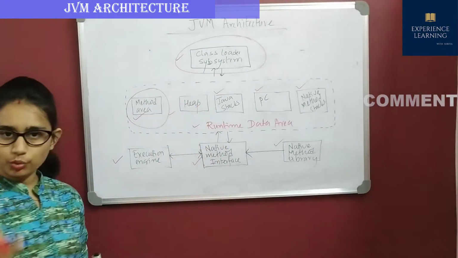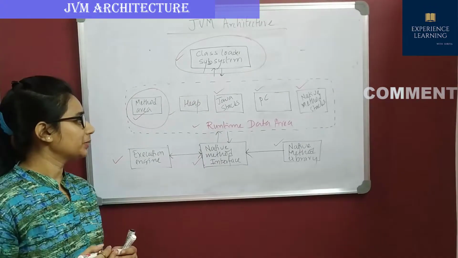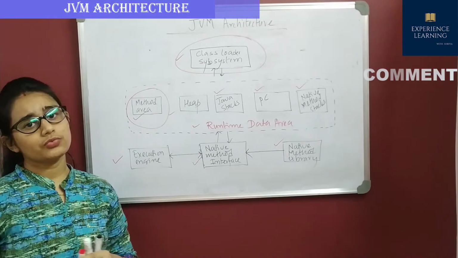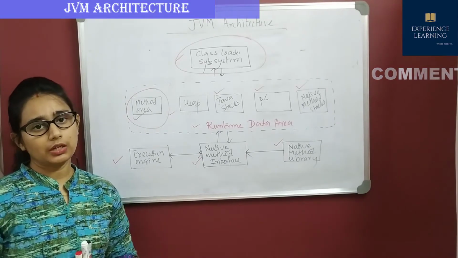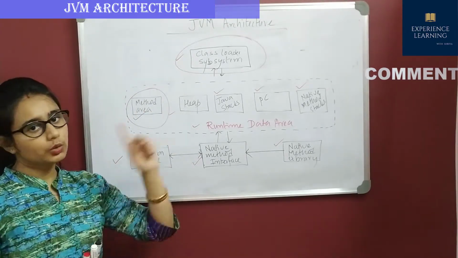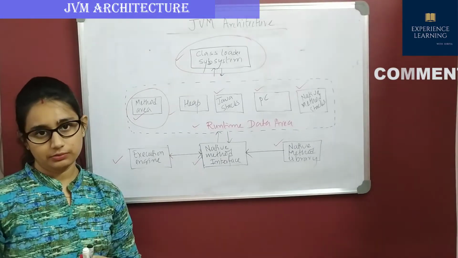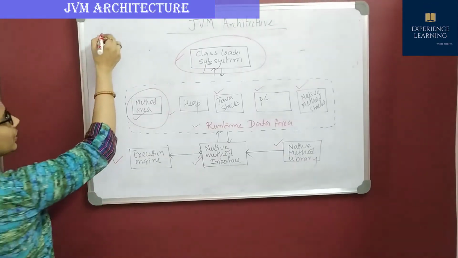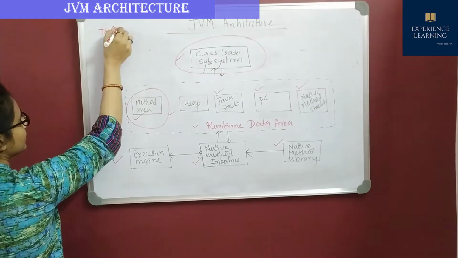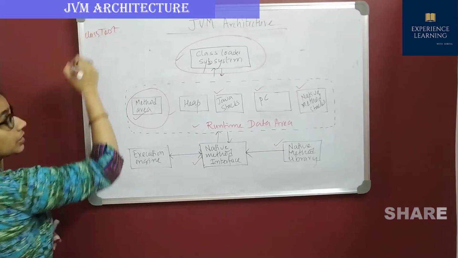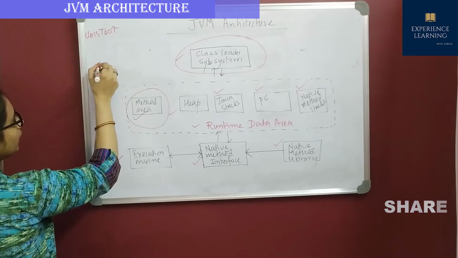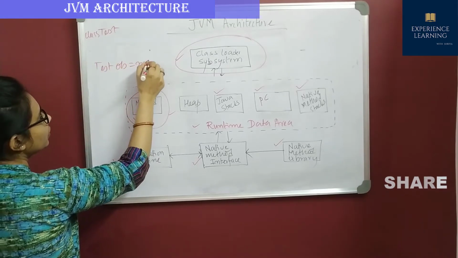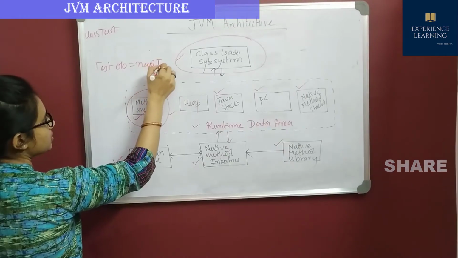Heap, you know about it, is for dynamic memory allocation. In Java, when an object is created, it can be created only in the heap area. How is a Java object created? Say the class name is Test, and you write Test ob equals new Test.